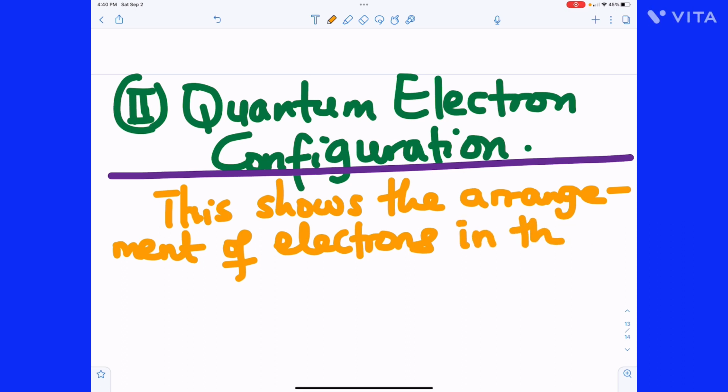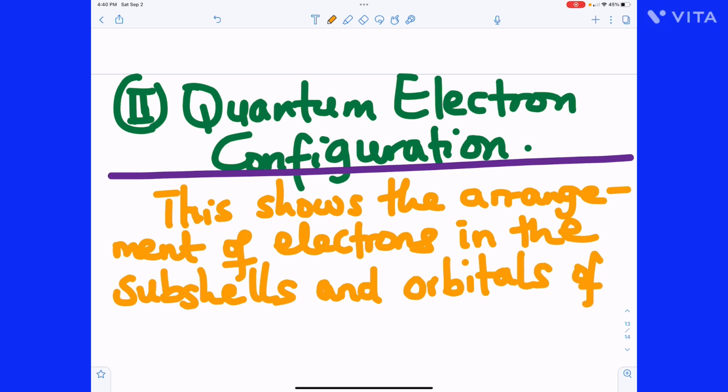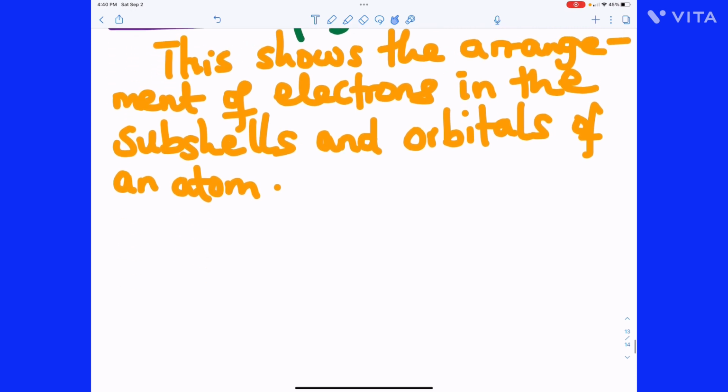Can you see the difference now? This shows the arrangement of electrons in the subshells and orbitals of an atom. Quantum electron configuration shows the arrangement of electrons in the subshells and orbitals of an atom.